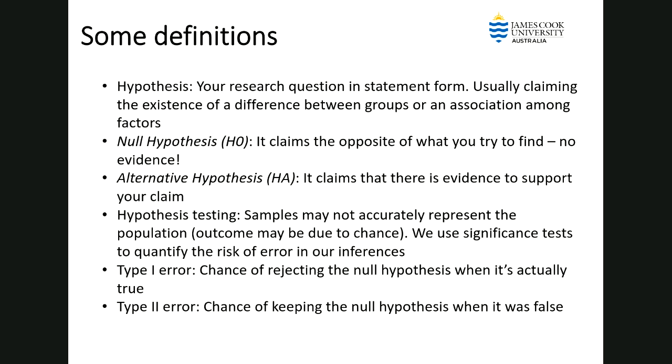Type of error considers the chance that the null hypothesis is true but you are rejecting it. That is our type 1 error. A type 2 error is different: your null hypothesis is false, but you accept it. We always try to avoid the type 1 error, which is basically the biggest blunder.